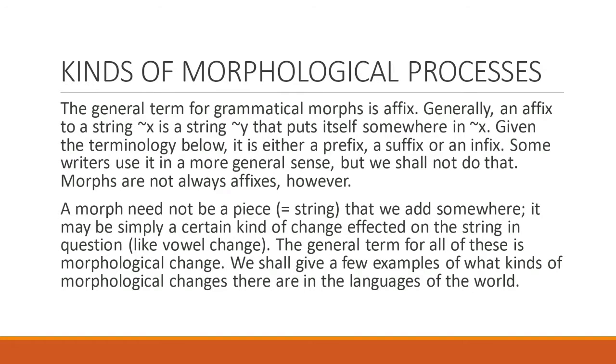A morph need not be a piece, a string that we add somewhere. It may be simply a certain kind of change effected on the string in question, like vowel change. The general term for all of those is morphological change. We shall give a few examples of what kinds of morphological changes there are in the languages of the world.